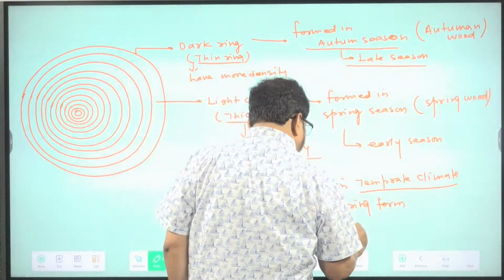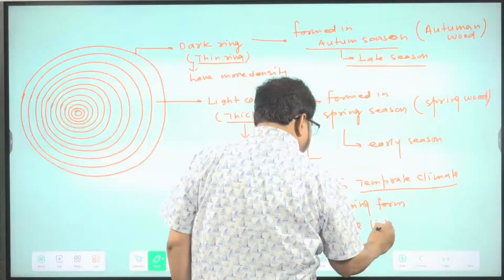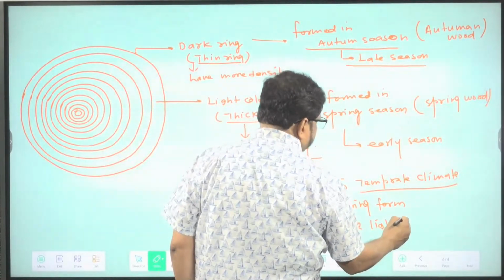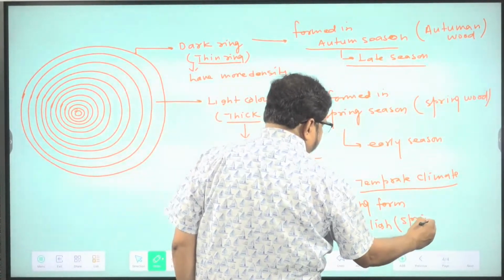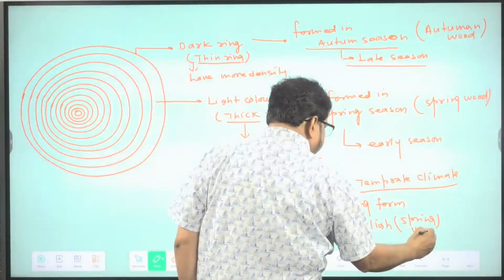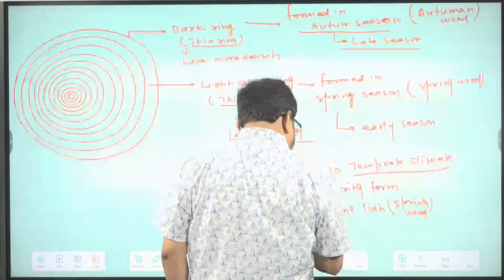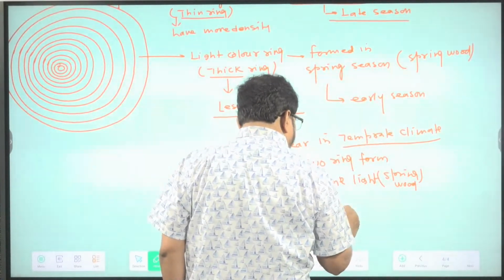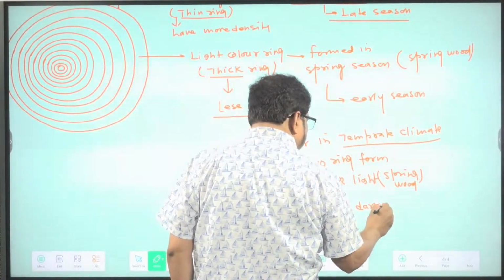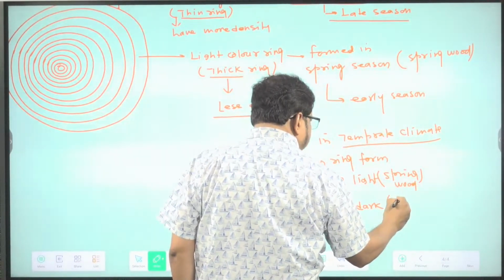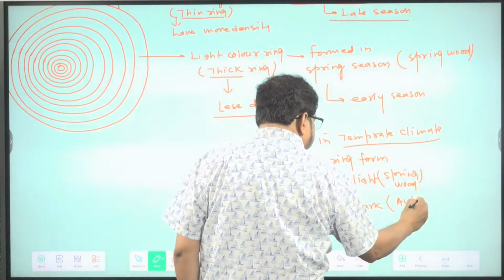One light ring, light means spring wood, getting the idea, and one dark ring. Getting the things or not? That is called which one? Autumn wood.